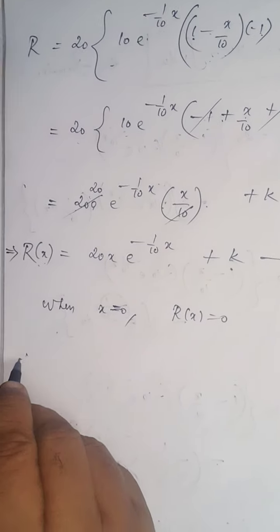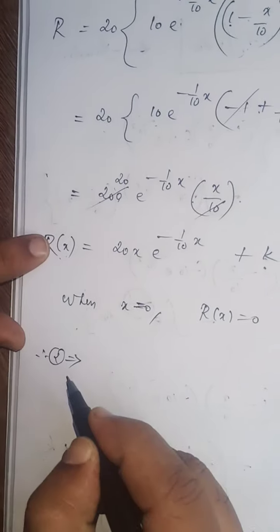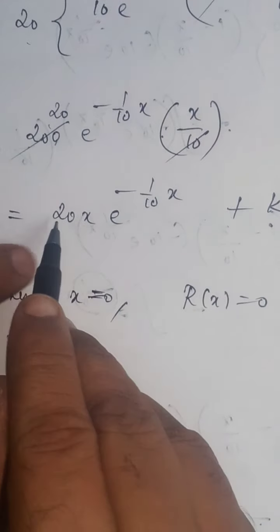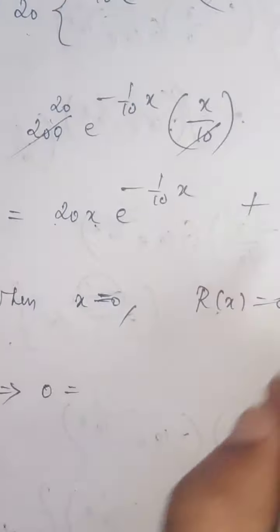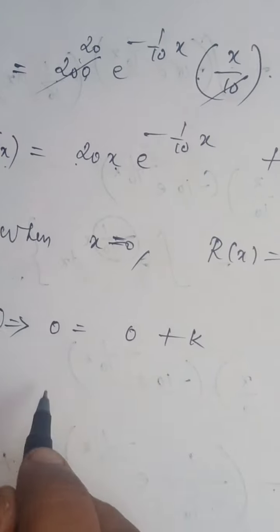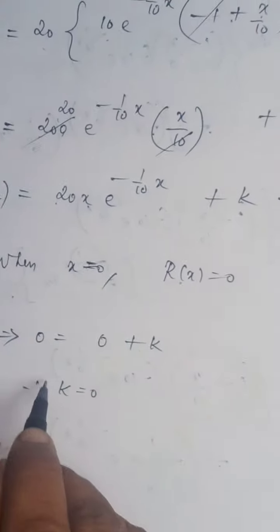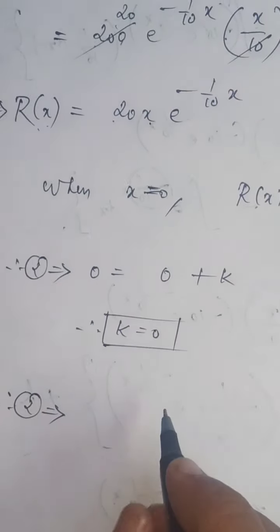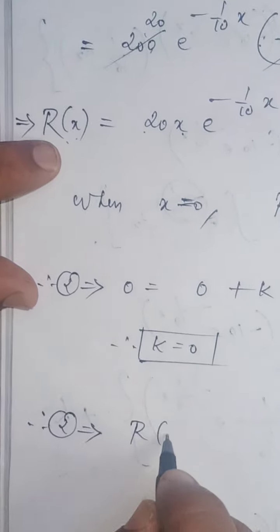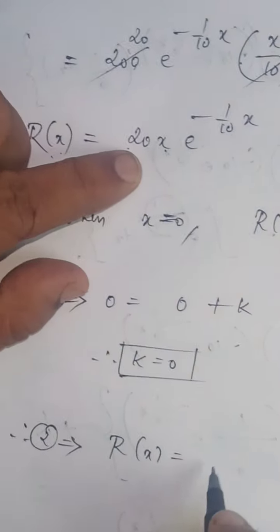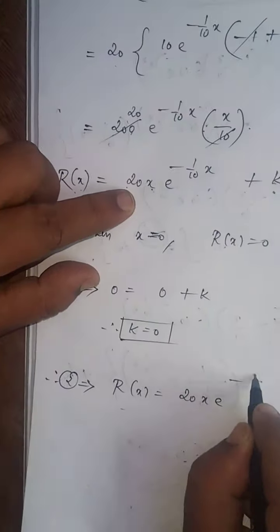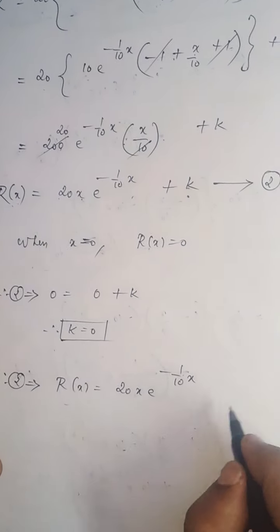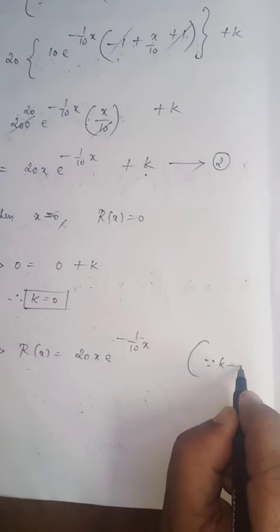Therefore, equation 2 implies substitute R of x equal to 0 and replace x equal to 0. 20 into 0 is 0, 0 into anything is 0, plus k. Therefore, k equals 0. Therefore, R of x equals 20x into e power minus 1 by 10 into x plus k. What is the value of k? 0. Just write k equal to 0.